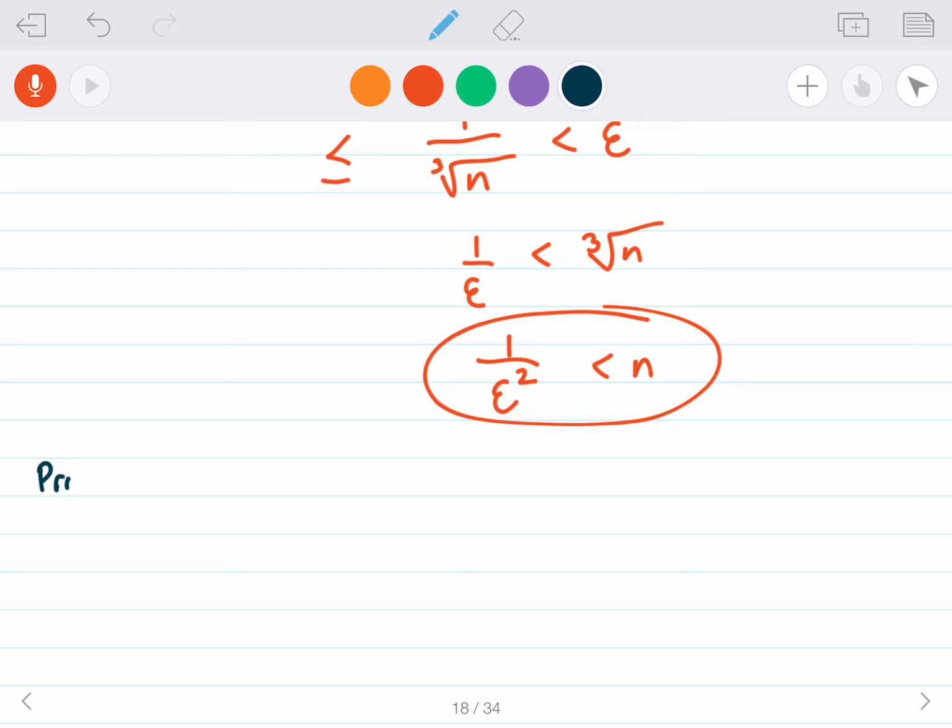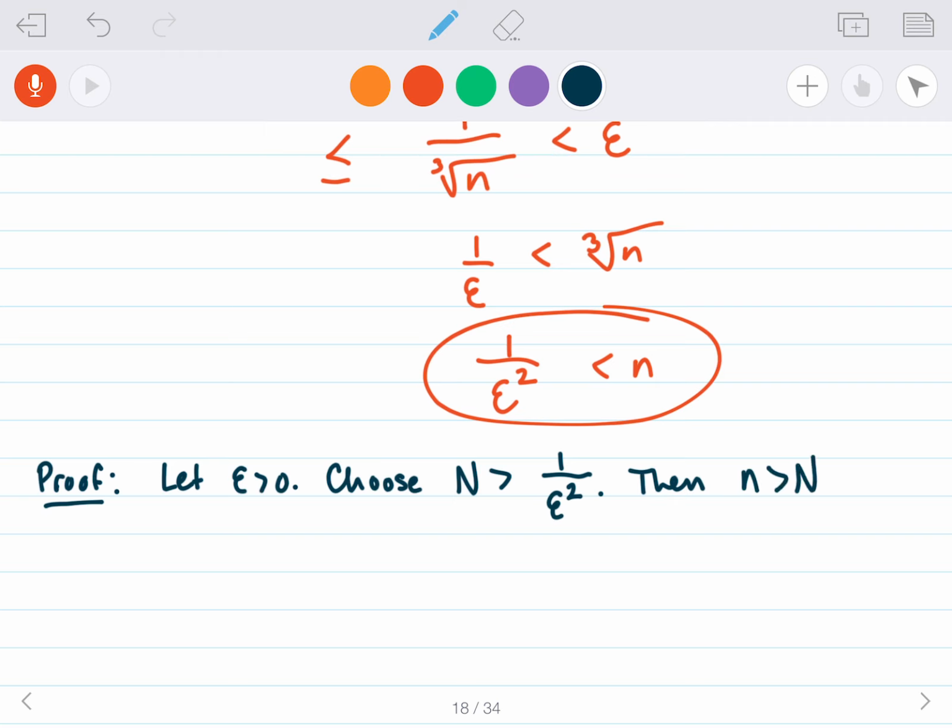So here's the proof. Let epsilon be bigger than 0. We're going to choose capital N bigger than 1 over epsilon cubed. Then our hypothesis, little n bigger than capital N, implies the following.